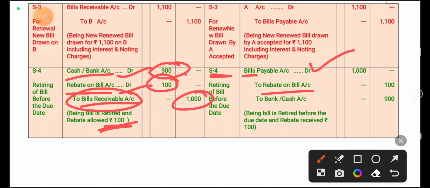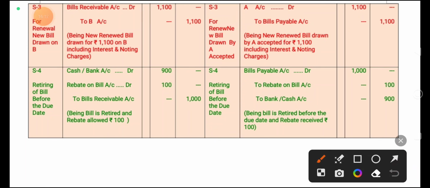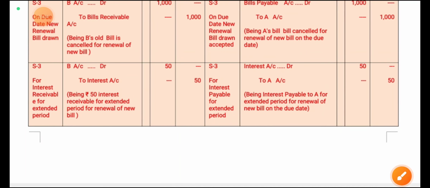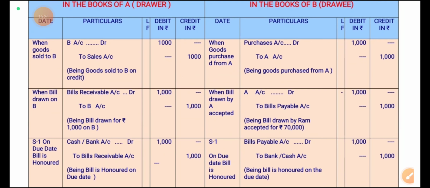Rebate is an income to B, so Rebate on Bill account will be credited, cash is making the payment 900, so total 1000 rupees. Being bill is retired before the due date and rebate received 100 rupees. This is how all the journal entries in various situations relating to model 1.